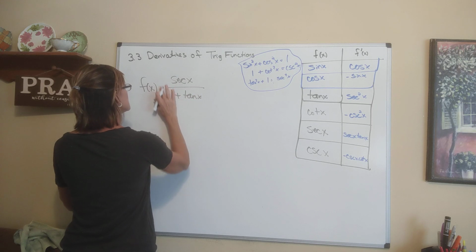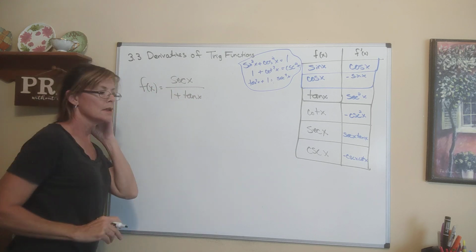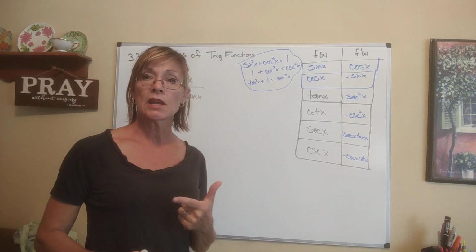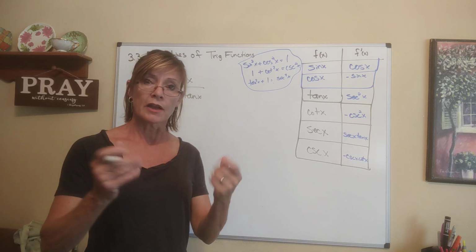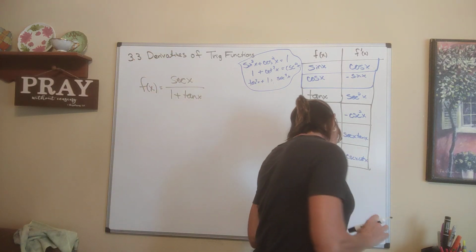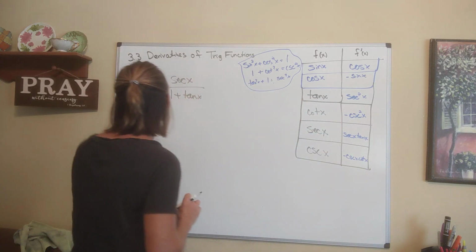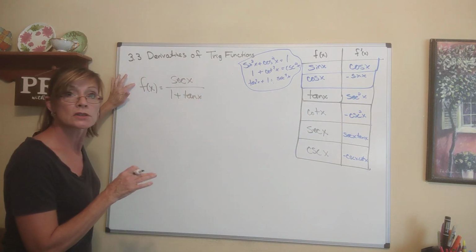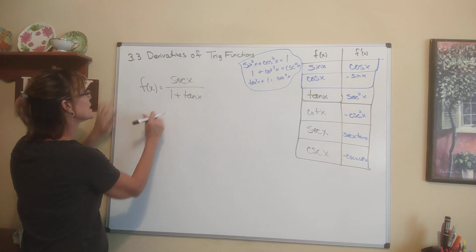All right, let's do this one. Okay. So the instructions say differentiate this. Find its derivative. Okay. And then figure out for what values of x does the graph have a horizontal tangent. Okay, so let's go ahead and take its derivative.